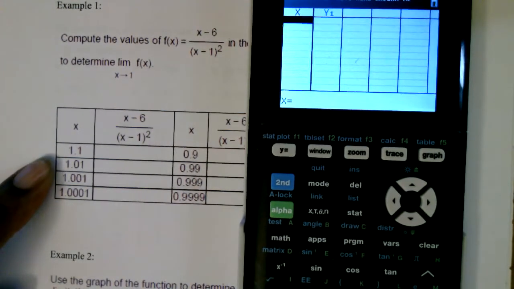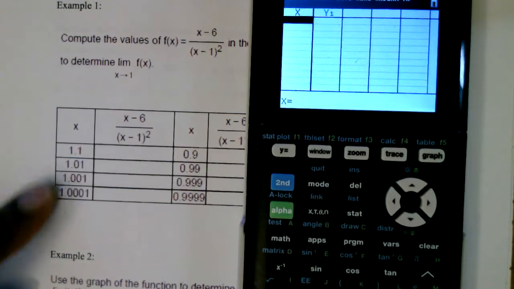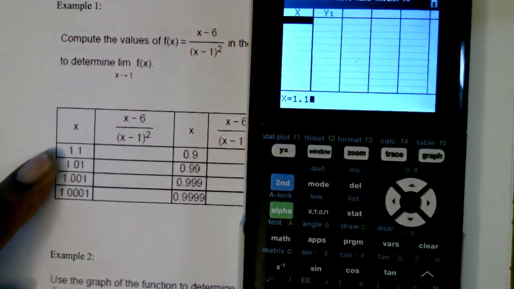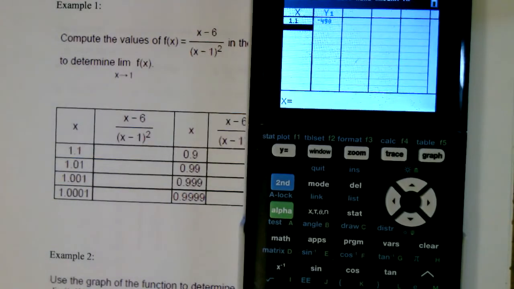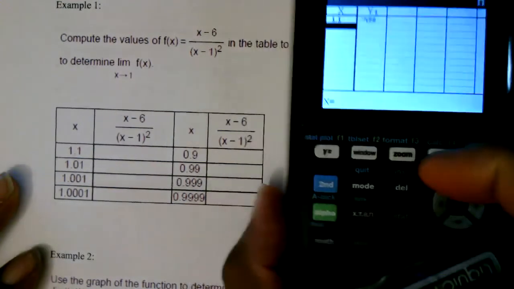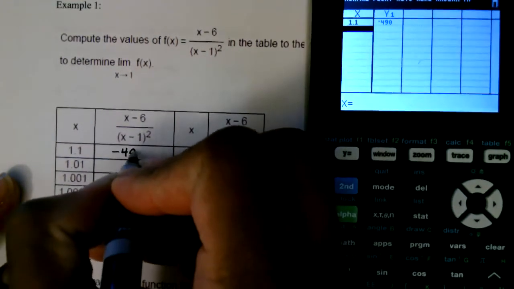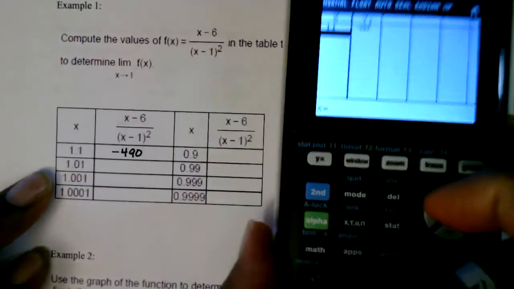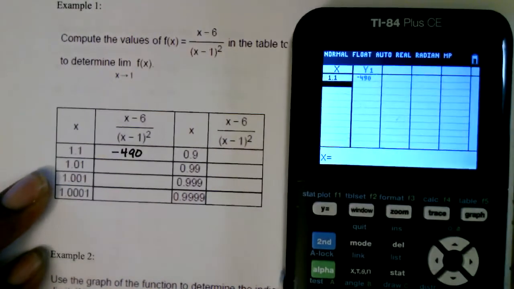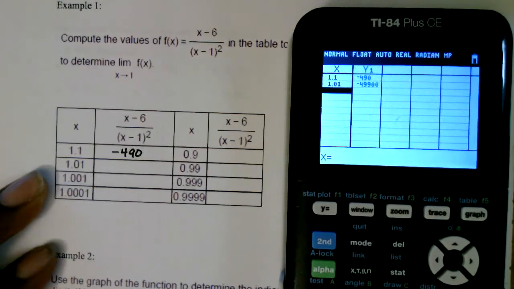And then we're going to start with, in this case, 1.1. So for x is 1.1, that's going to be negative 490. And then for 1.01, and then hit enter, we get negative 49,900.